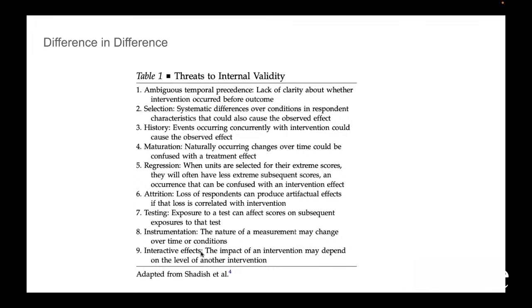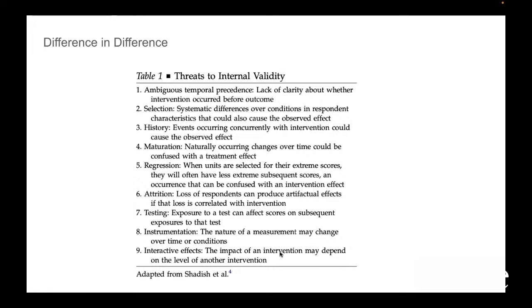Also, the interactive effect: the impact of an intervention may depend on the level of another intervention. For example, in our practice trial in KSMC, which is not quasi-experimental but a randomized trial, we tried to observe whether injury patients receiving counseling can lower their alcohol-related consequences.